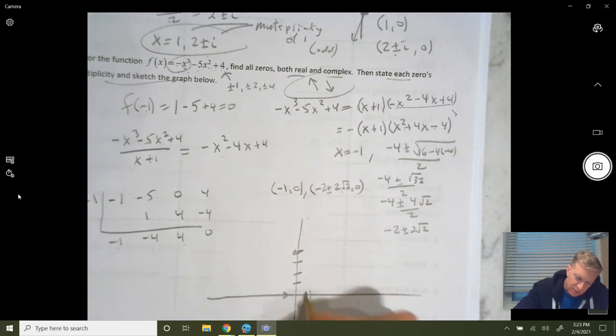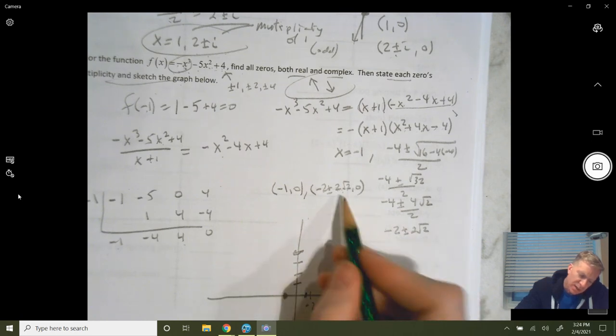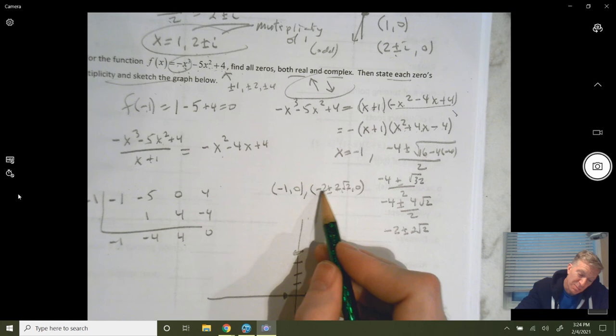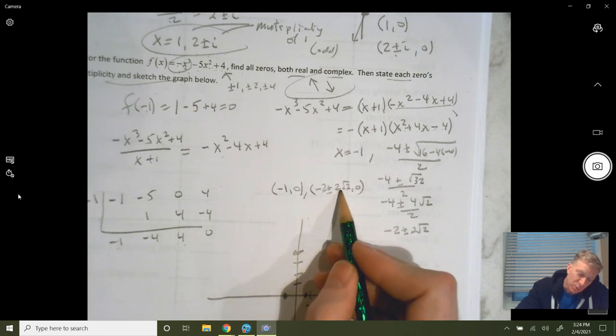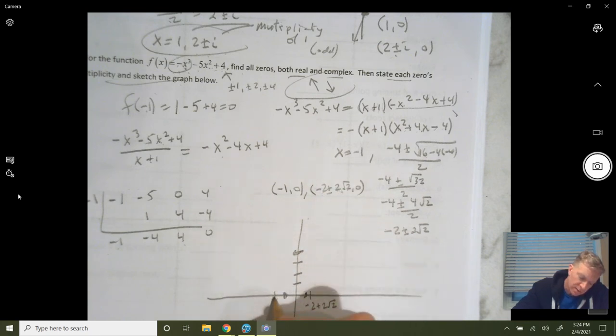So this is going to be -2 plus 2 rad 2. And then I've got -2 minus 2 rad 2. So -2 minus about 2.8 is about -4.8. That's (-2 minus 2 rad 2, 0). And it's (-1, 0).